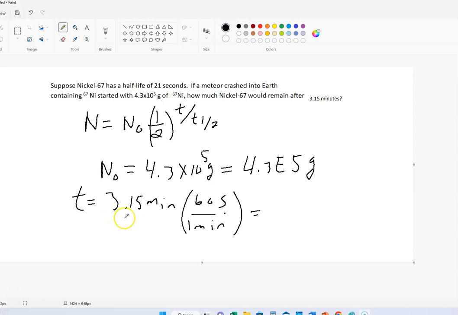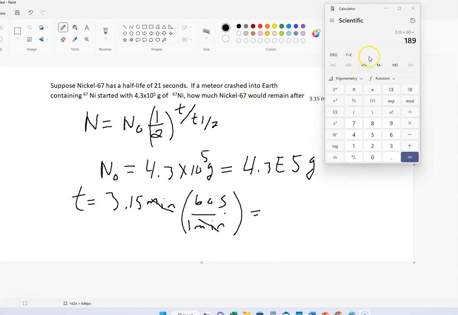The only thing we have to do is convert minutes to seconds, but that's really easy. Everybody knows that there are 60 seconds in 1 minute. So the minutes cancel. 3.15 times 60, I just did it in this little calculator right here, is 189 seconds.